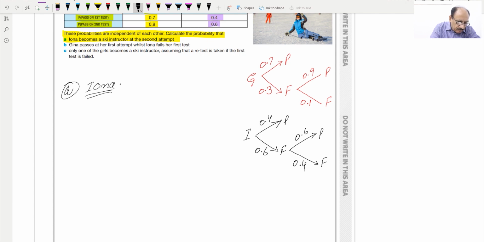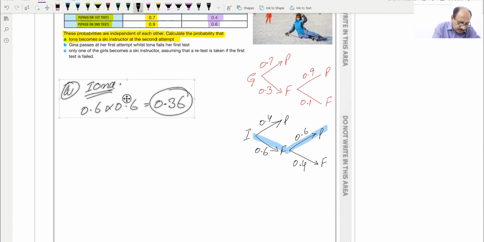Which route is that? This will be fail first attempt and then pass the second one. So this is the branch which is required. We will write 0.6 multiplied by 0.6, and this will be equal to 0.36. This will be the answer for A part.